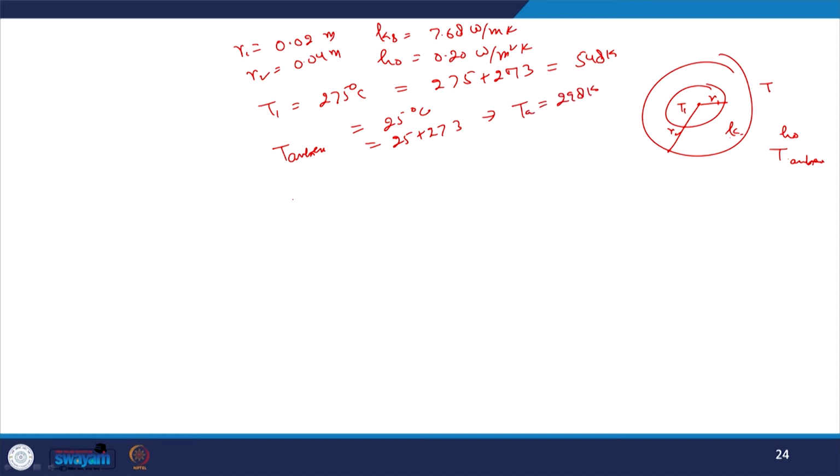Now the heat transfer from inner surface at T1 to the outer surface at T will be through the conduction, and from outer surface at T to ambient TA will be transferred by the convection. So both will take place simultaneously.